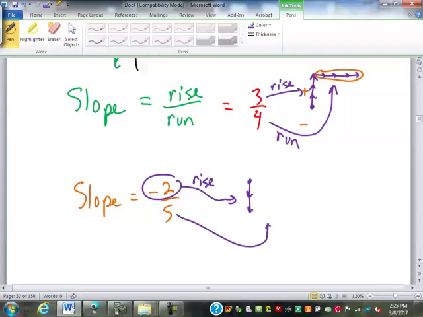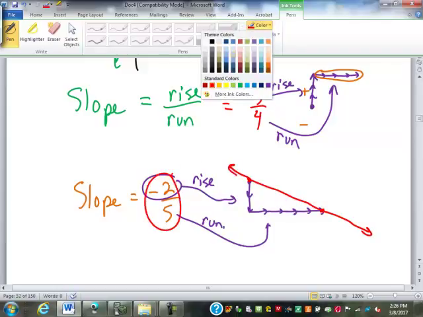A run of 5 is saying from that point I go over, and I always go in the positive direction. 1, 2, 3, 4, 5. That's my run. So there could be a line drawn through that starting and ending point. It looks like this. And that line that we just drew would have a slope of a negative 2/5.